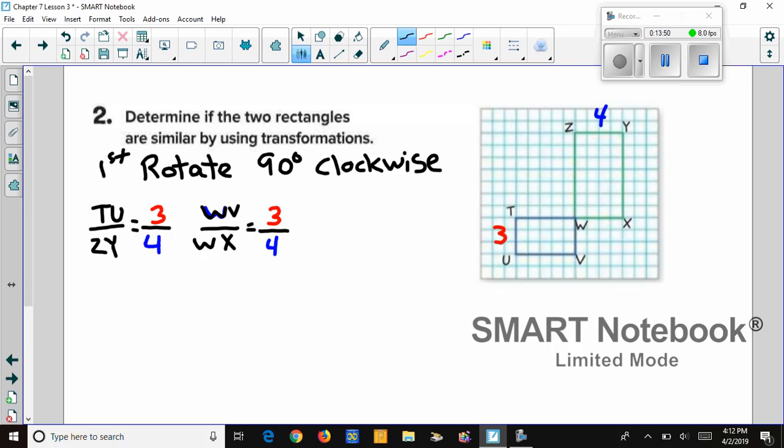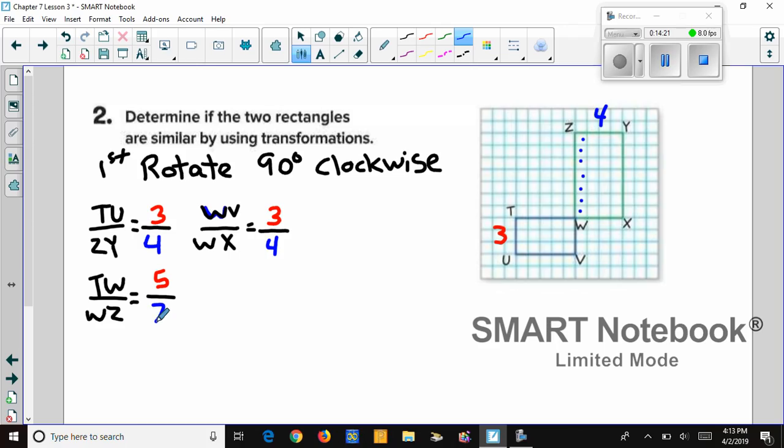Let's look at TW. TW can correspond with WZ. TW has a length of 5, while WZ has a length of 1, 2, 3, 4, 5. So hold on, I lost count. 1, 2, 3, 4, 5, 6, 7.